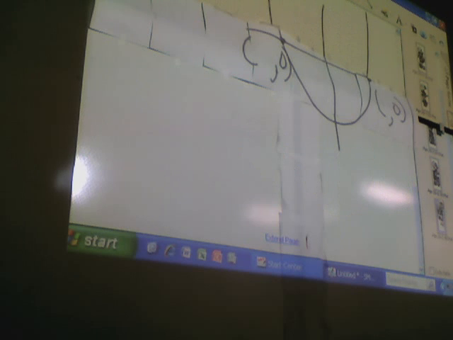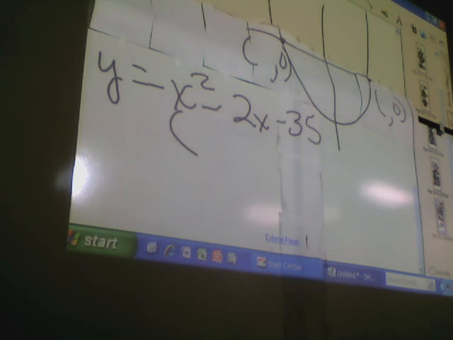The equation is y equals x squared minus 2x minus 35. So we're going to factor this, and we see we were wanting y equals 0. That's going to give us our x-intercepts by making y 0.